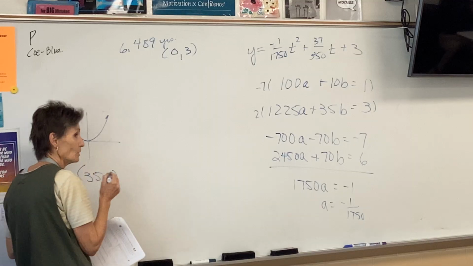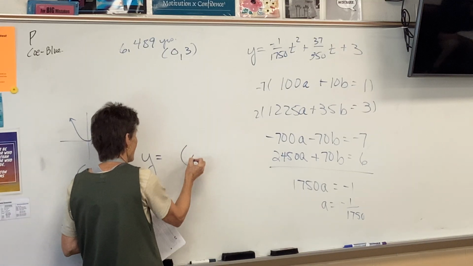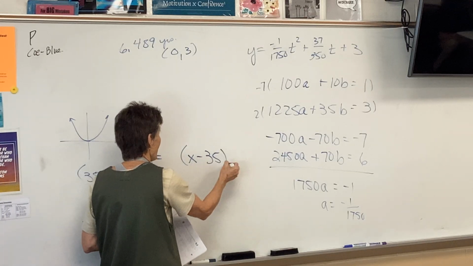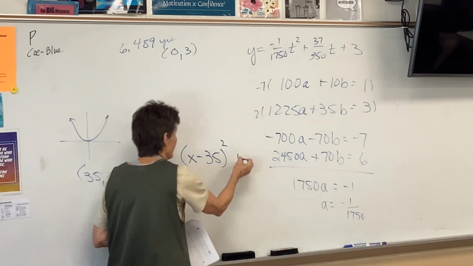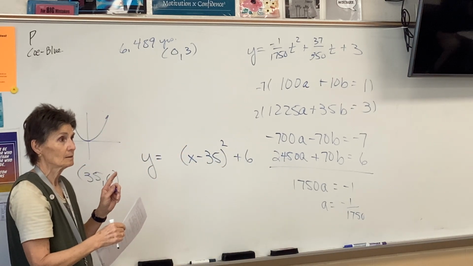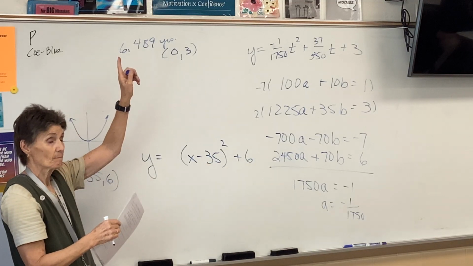So what would that look like? y equals x minus 35 squared plus 6. Doesn't that move your parabola right 35 and up 6?